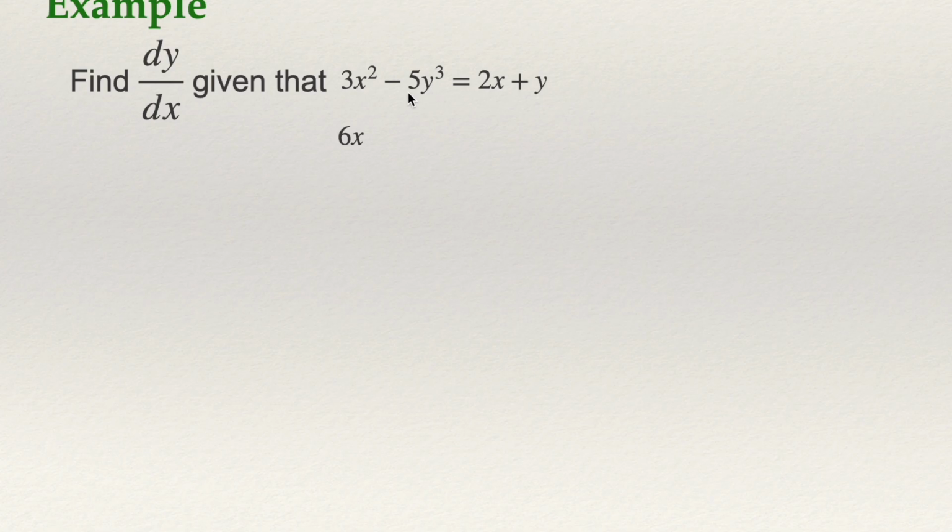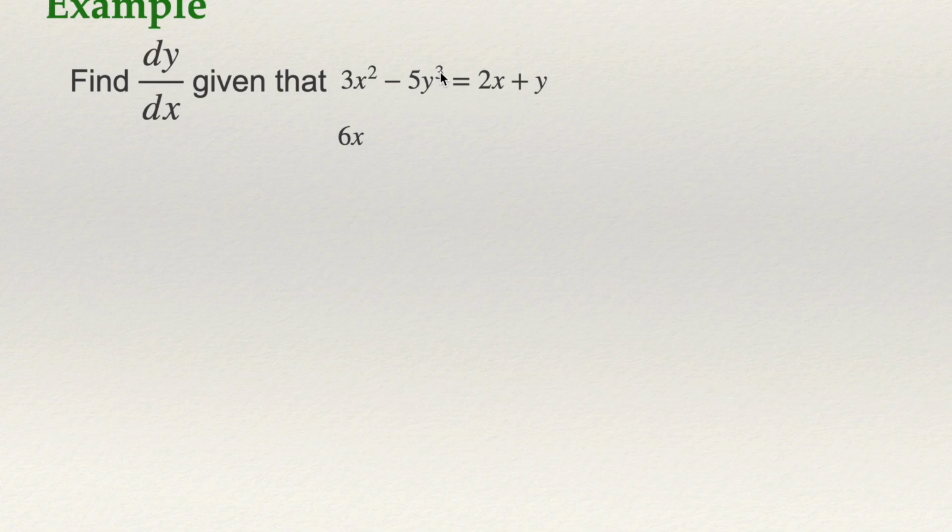But anytime that you get the derivative with respect to a variable that is not the independent variable, in this case y is not the independent variable, this is a dependent variable, you need to use the chain rule. So you need to multiply by the derivative of the inner function.